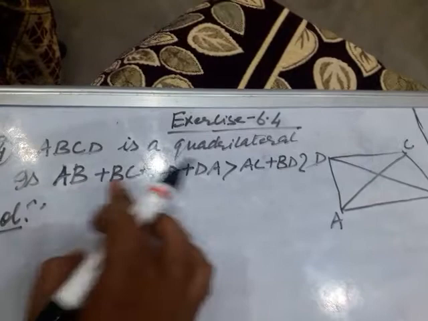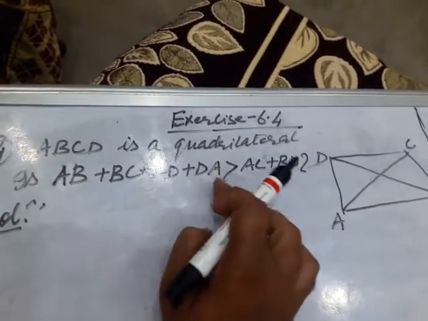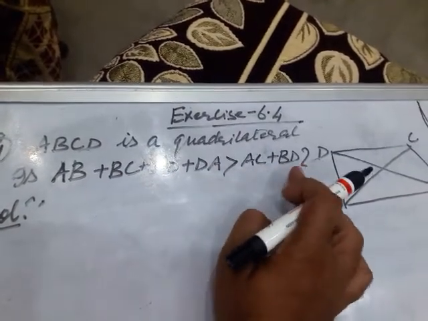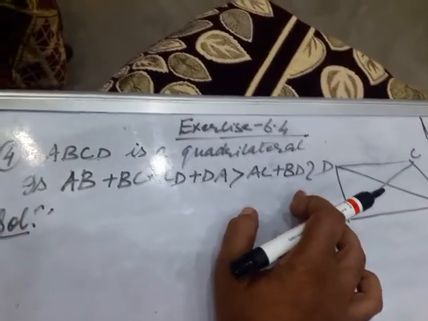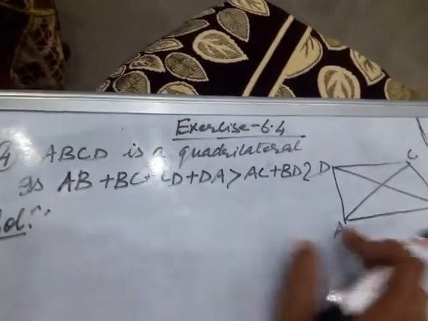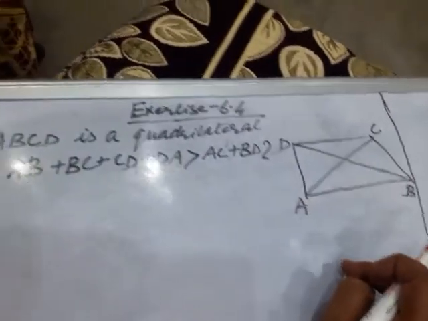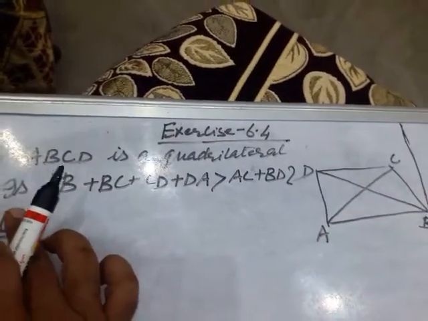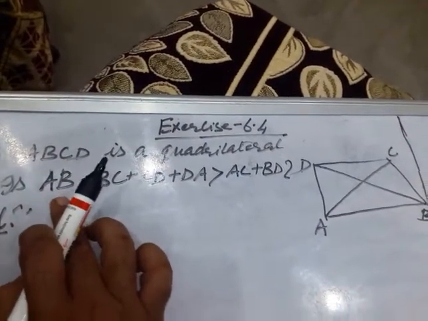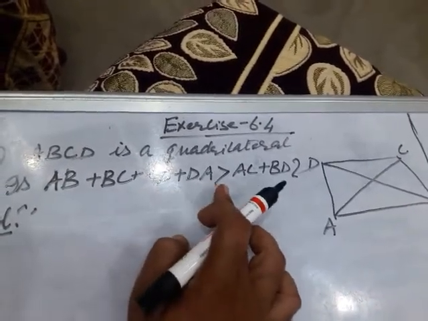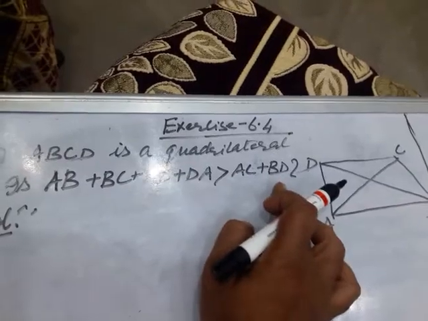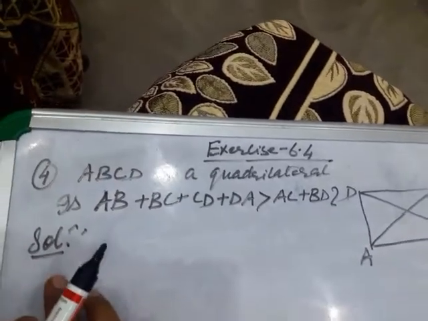Is AB plus BC plus CD plus DA greater than AC plus BD? Let us solve it and find. Once again, ABCD is a quadrilateral, and you have to find whether AB plus BC plus CD plus DA is greater than AC plus BD. Let us solve, children.